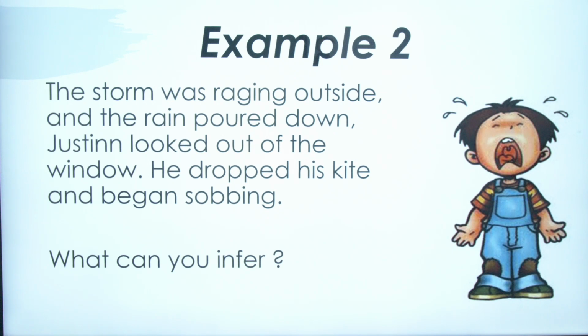The storm was raging outside and the rain poured down. Justin looked out of the window. He dropped his kite and began sobbing. What can you infer? Based on the information that you got, what can you infer?